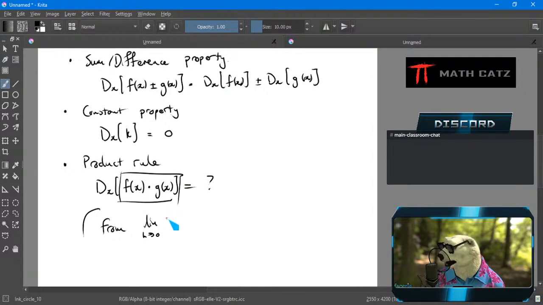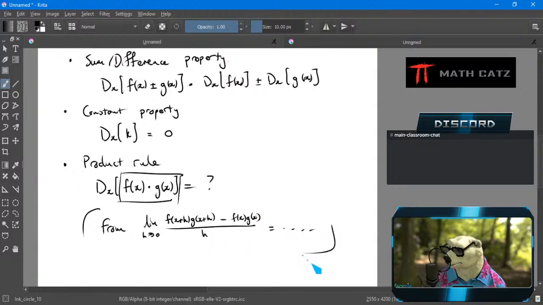So it'll be the function at x plus h, which will be x plus h times g of x plus h, minus that whole function at x, and figure out what that is. There's some trickery involved that can help me figure that out in general, but that is what has to be done to establish a new property. There is no way around it.